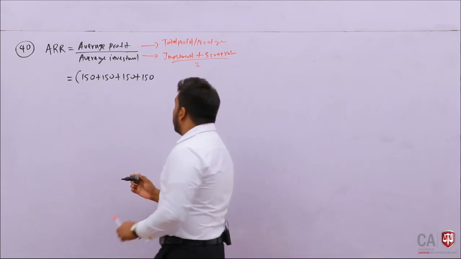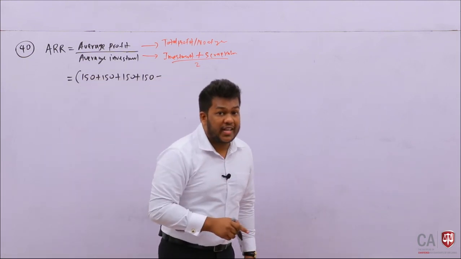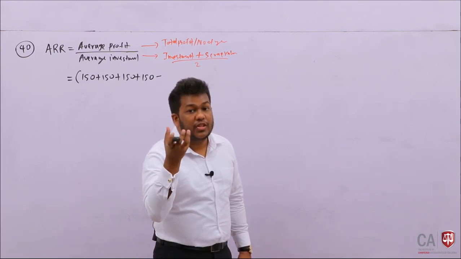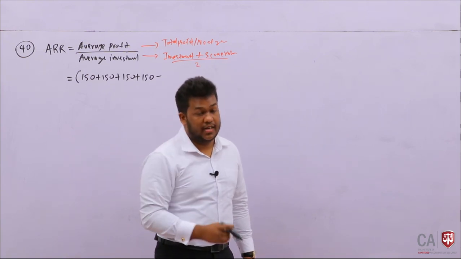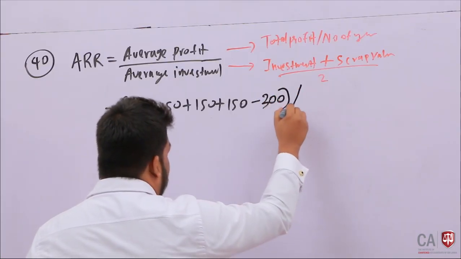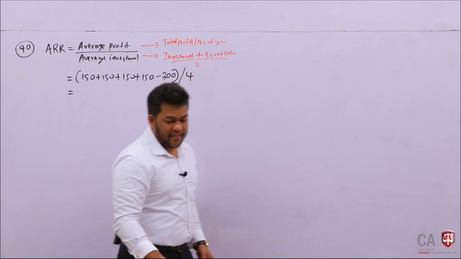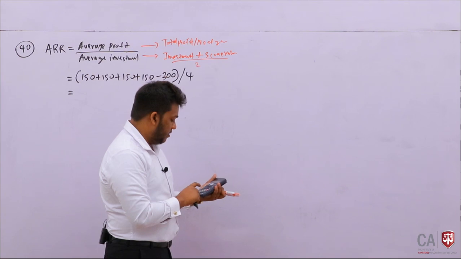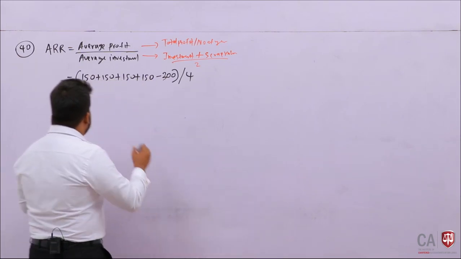Then the depreciation is how much? Depreciation for 4 years, how much? Investment is 400,000. Scrap value is 100,000. So the depreciable value is 300,000. Per year 75,000. So likewise for 4 years 300,000. So the average profit is how much? 150 into 4 minus 300 divided by 4, that is 75.